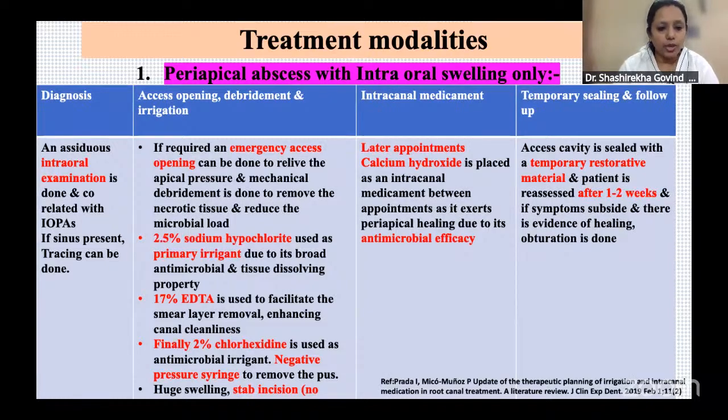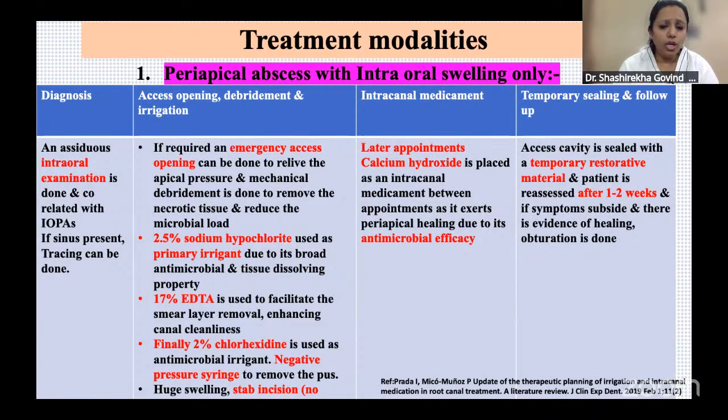In the end, you can use 17% EDTA. This is in the first sitting. I'm not talking about the obturation part. As soon as you come across such a case, you have to initiate the root canal treatment and follow this protocol. Finally, you have to irrigate with chlorhexidine.